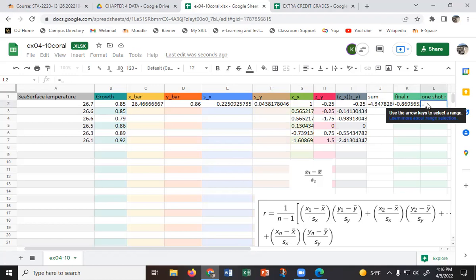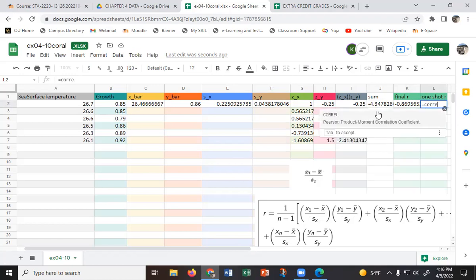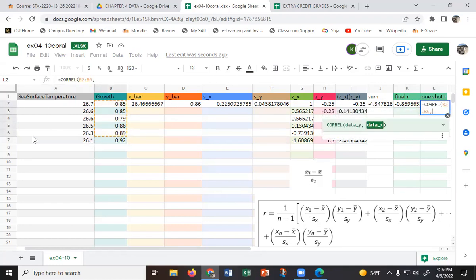The command is equal CORREL, I think. Double R, CORREL. It's a Pearson product. And then the column Y. Oops. No. Column Y first. It's Y first. Because of the regression.